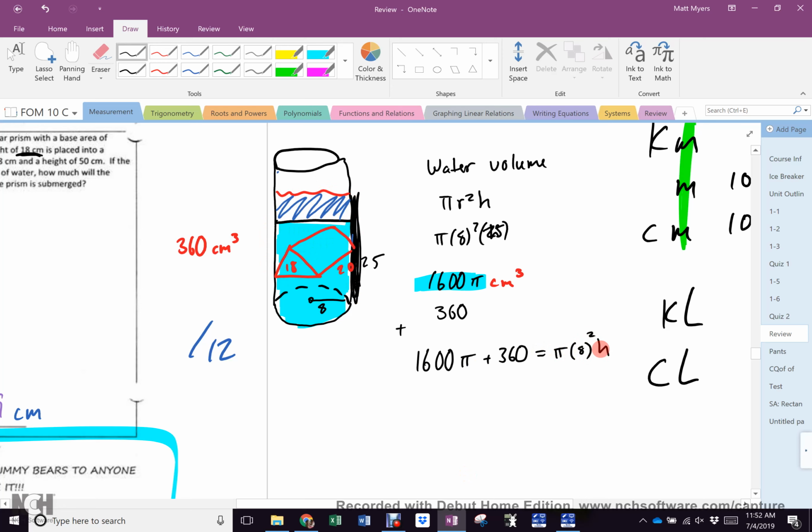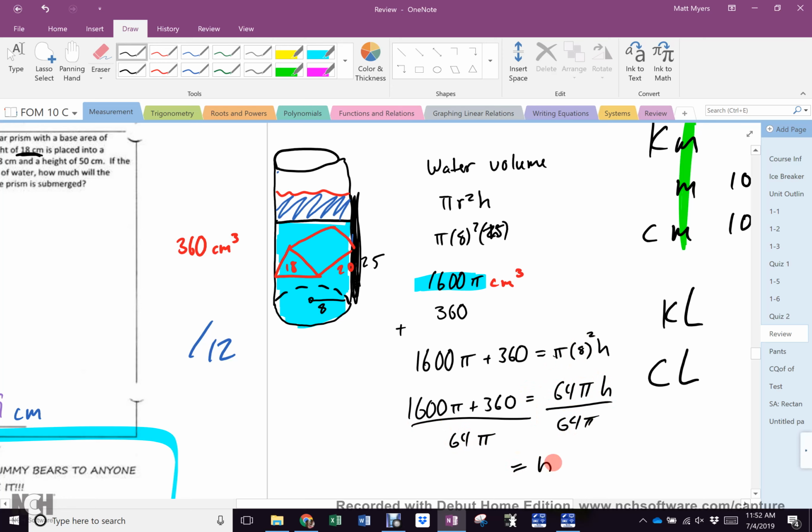So I just solve for h. So I have 1,600 pi plus 360. And I got to get rid of 64 pi, right? Because 8 squared, 64 pi h. Divide by 64 pi, divide by 64 pi, and I get h.